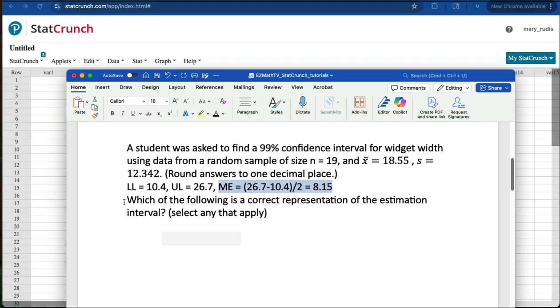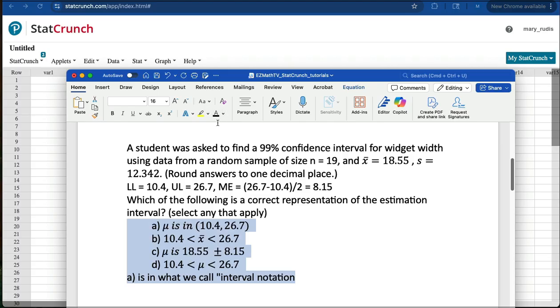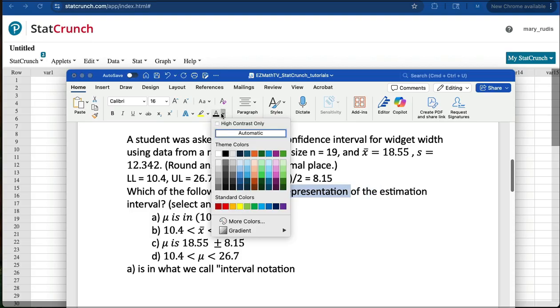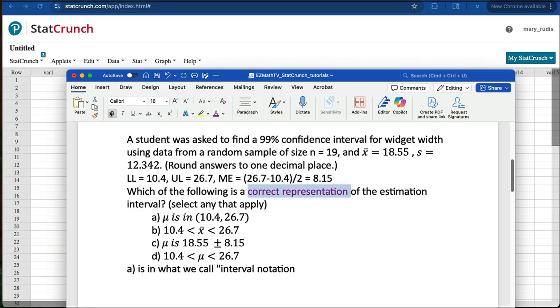There's a question here that we want to answer as well. Which of the following is a correct representation of the estimation interval? There's going to be a bunch to choose from here. Which of them is a correct representation? The ones that are correct are going to be highlighted in purple.